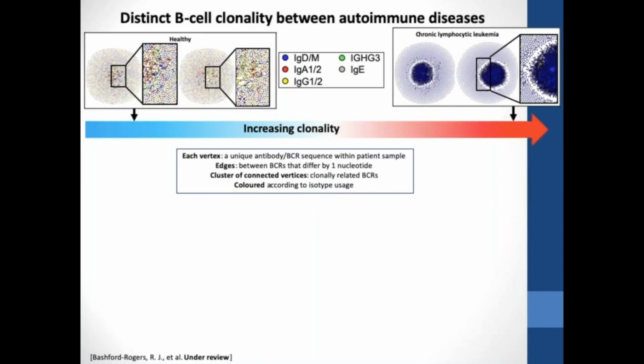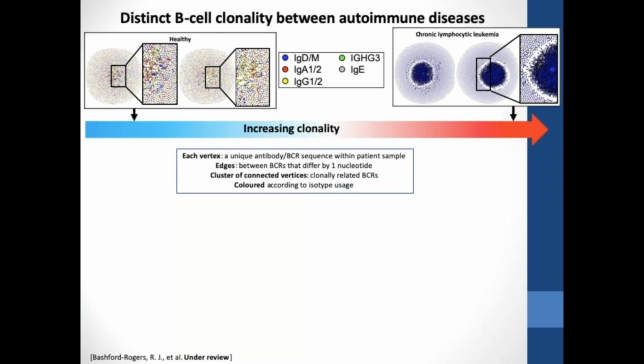Secondly, we can look at B-cell clonal expansion. So again, these are the network plots that I mentioned previously, where we essentially have each vertex representing a unique VDJ sequence. They're colored according to isotype, and we have edges between clonally related B-cell receptors.